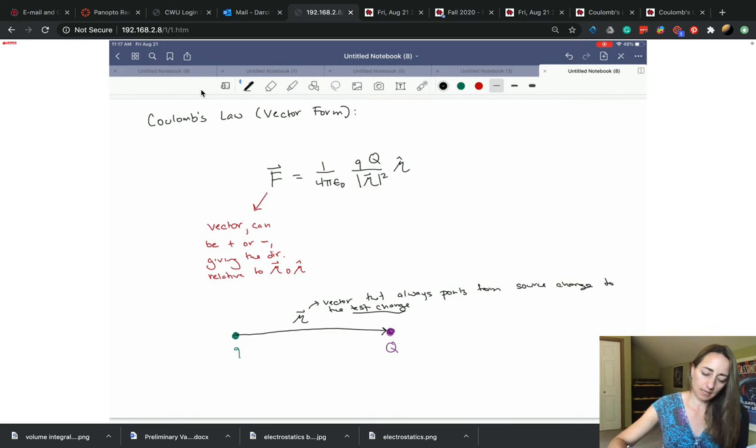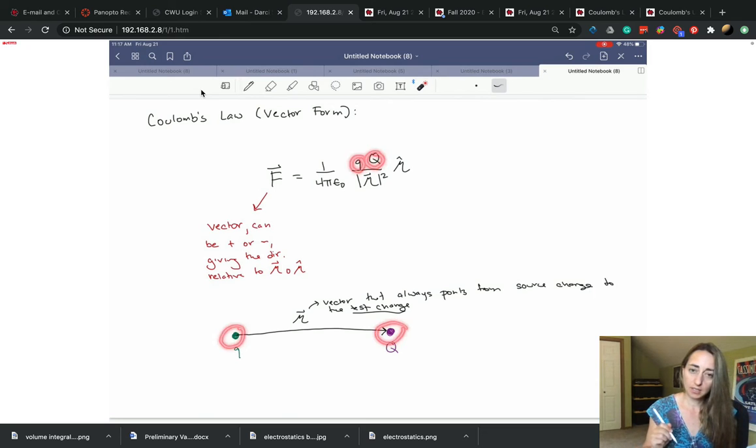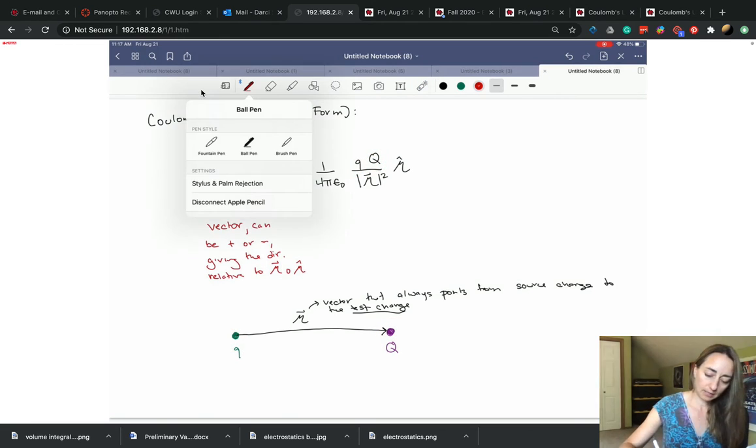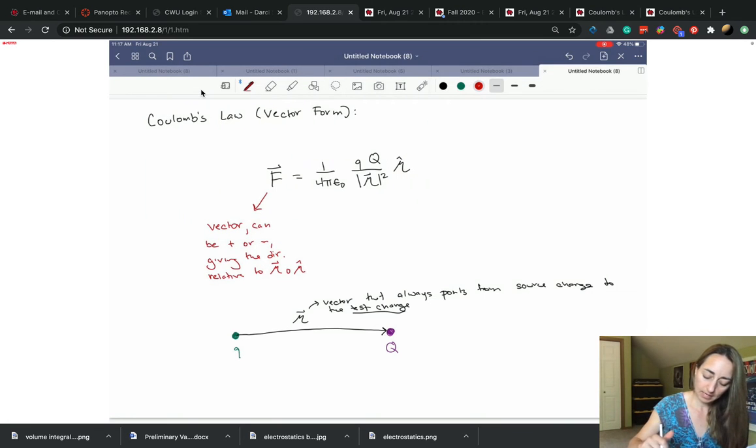Let's think about an example. If we have two positive charges, hopefully you remember two positive charges repel one another. In that case, you would expect to have a positive force vector, which means this equation works out so that the force is in the same direction as the r vector. Not the same length, but the same direction.